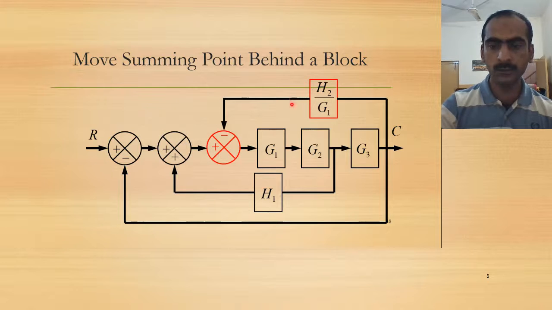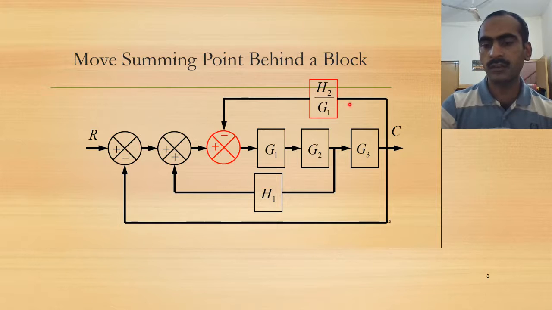Because previously the signal was entering here, but now it is entering here. So this signal would be multiplied by G1. When it comes here, this part of the signal would have been multiplied by G1. That wasn't the case with the original block diagram. So the original signal should have been divided by G1 first, so that here the signal is not changed.